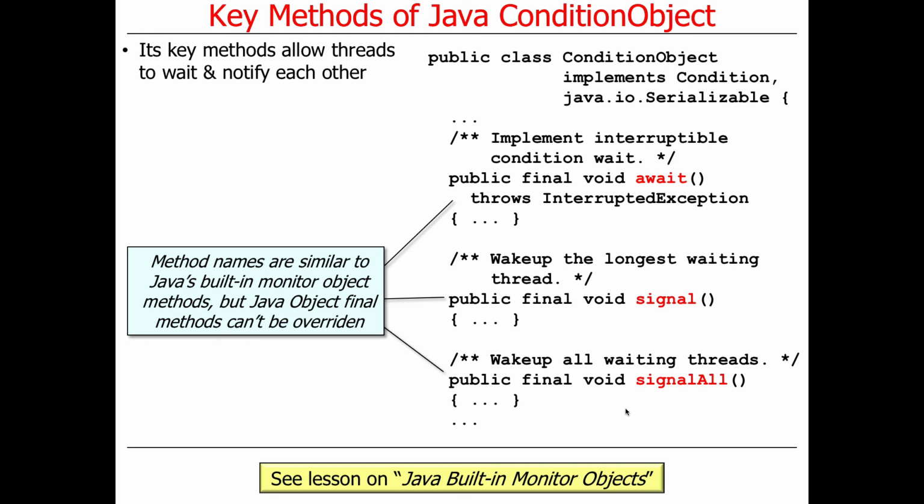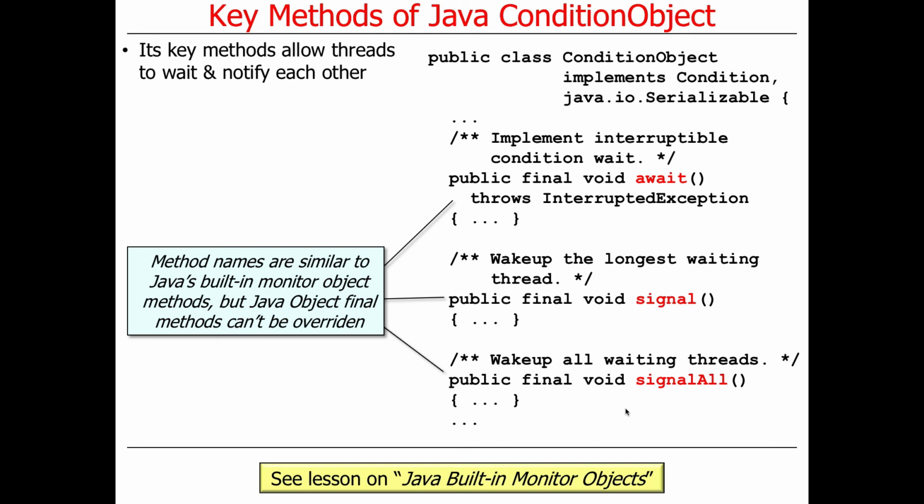Those are the methods that every object in Java gets by virtue of the fact that it implicitly inherits from java.lang.Object. And for various reasons, java.lang.Object has final methods. Notify, notify all, wait, those are final methods, so we can't actually override them. So instead, we have to define new methods, await, signal, and signal all.